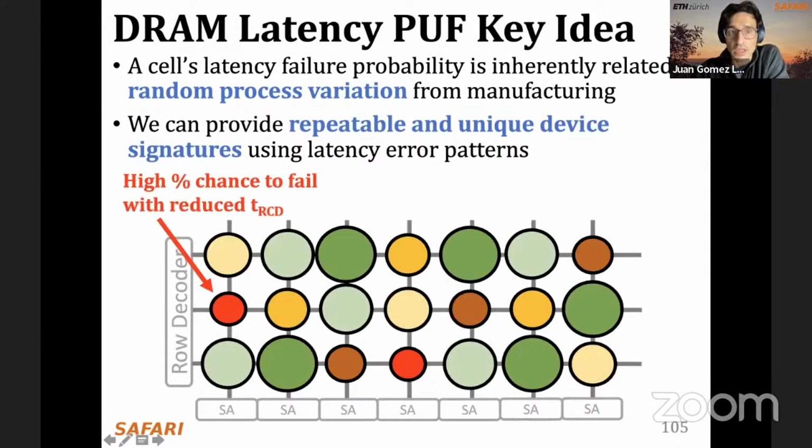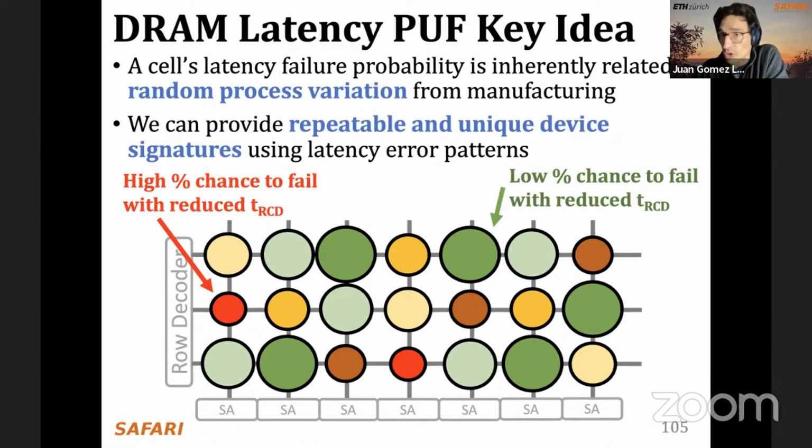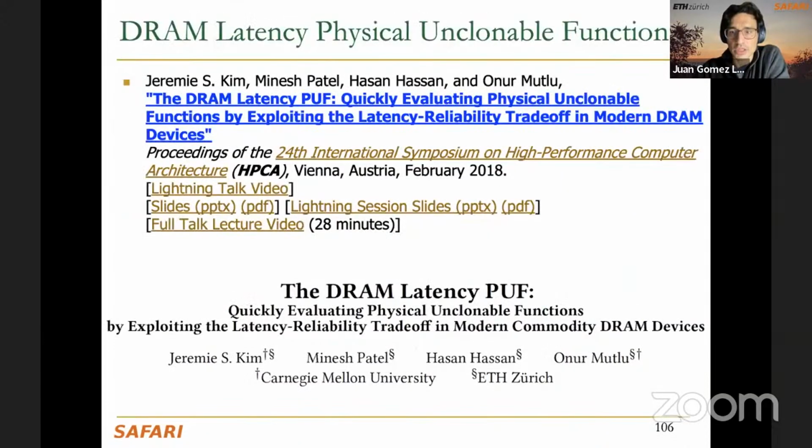In the end, it means that there are some cells that have a high chance to fail with reduced tRCD, while others have much less probability of error with reduced tRCD if we reduce the timing parameters here.